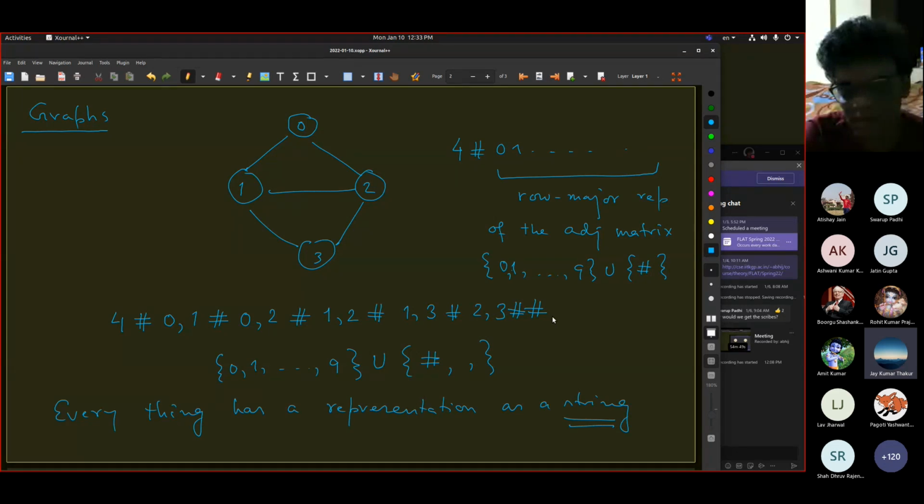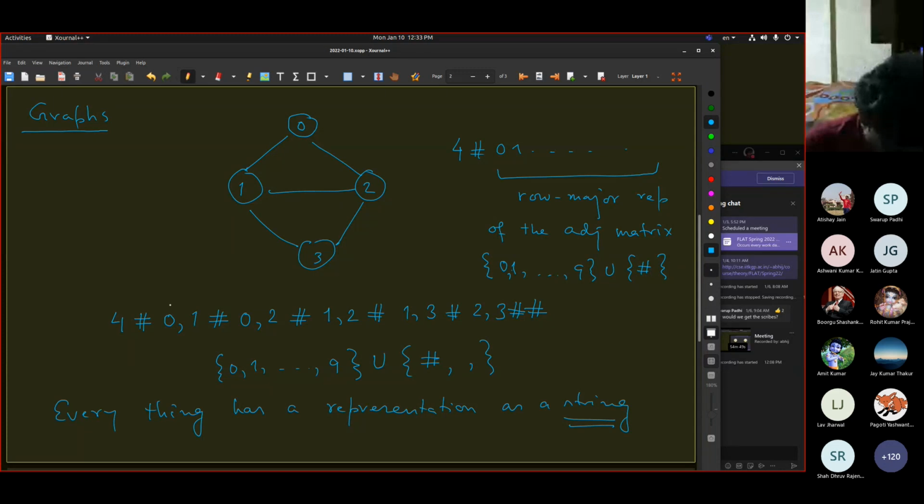Sir, can you please repeat it? Okay. 0 has ASCII value 48, 1 has ASCII value 49, and so on. So if I say that I can represent my string over the so-called ASCII alphabet, then for every symbol, I can replace it by the 8-bit ASCII value.